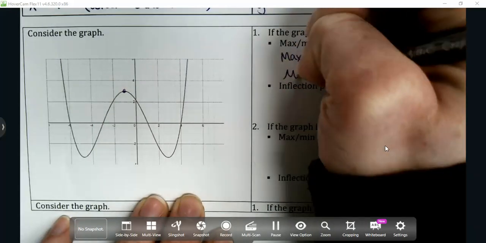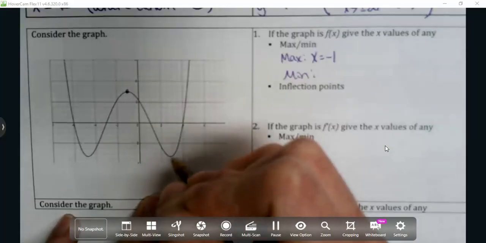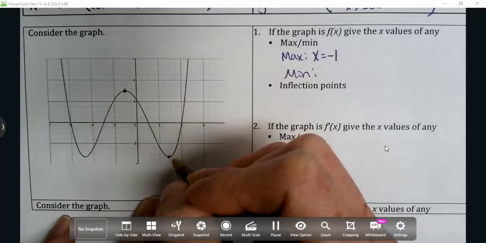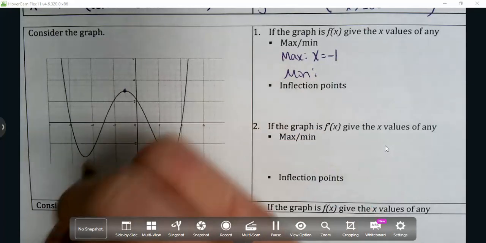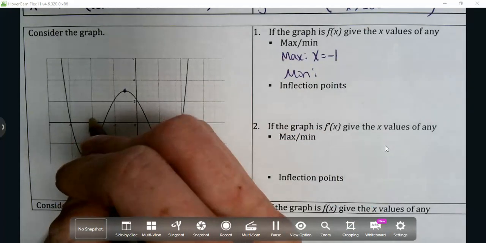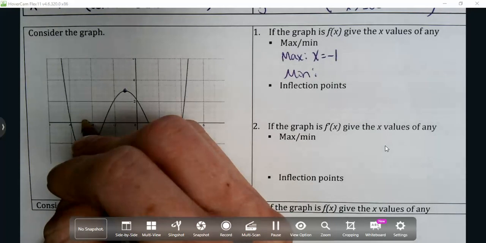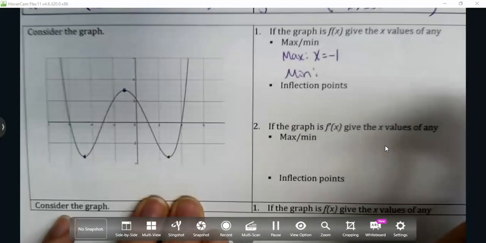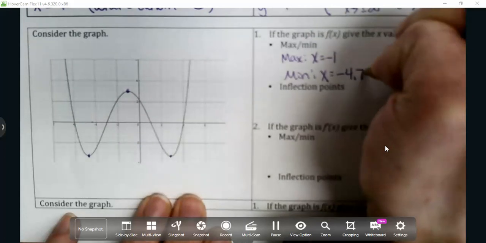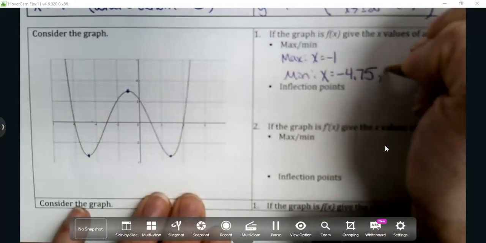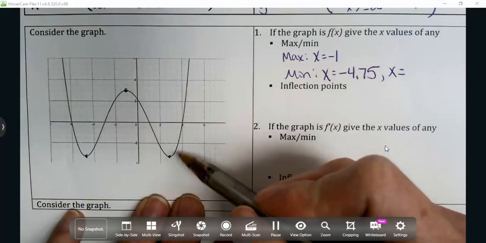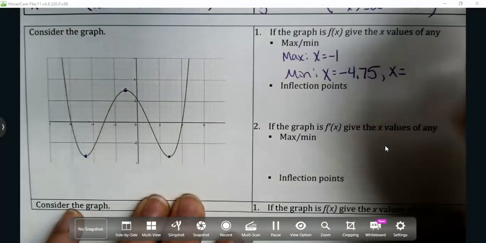Okay, where do we have a min? Negative 4.75. Each line represents a half on this. And where else? 2.75.